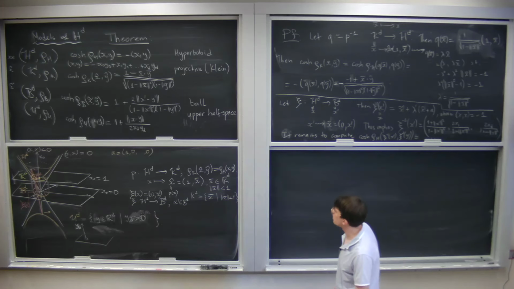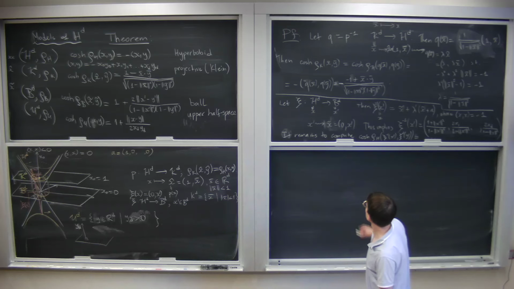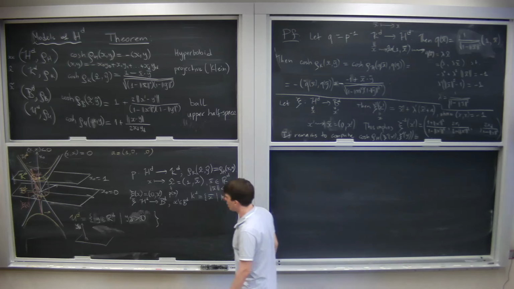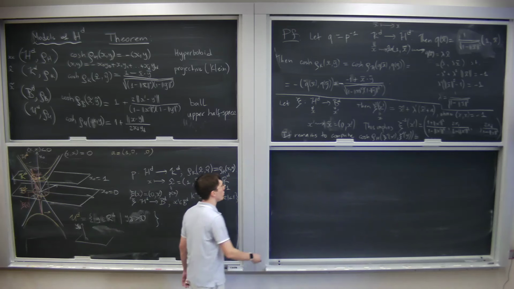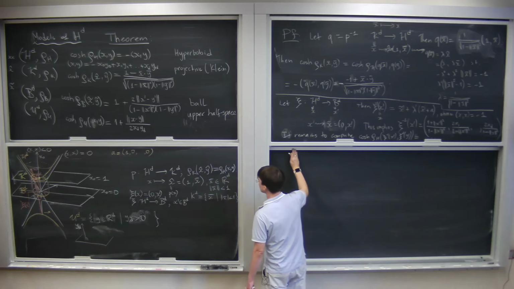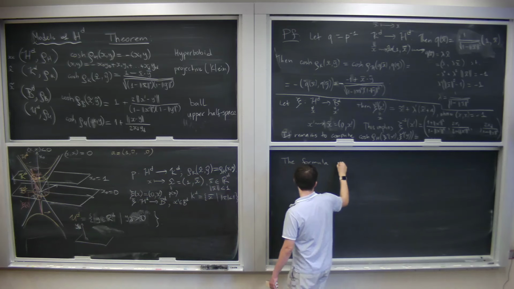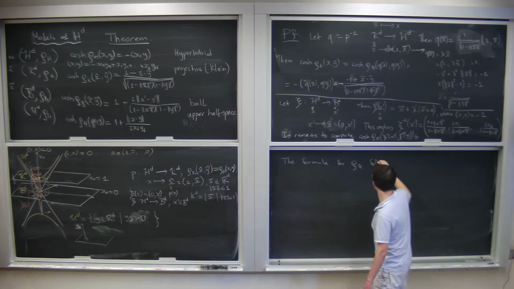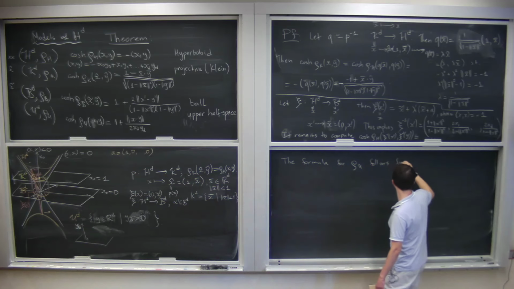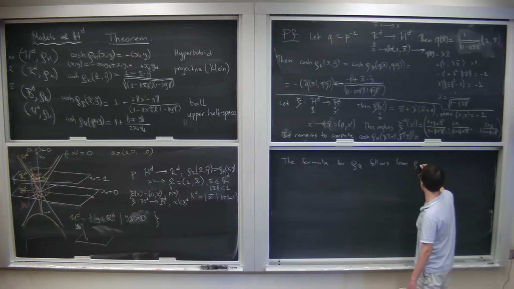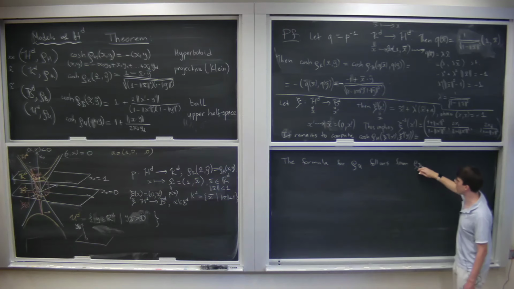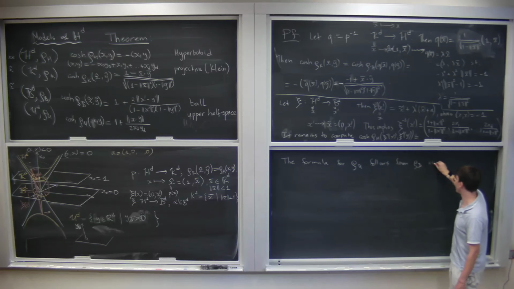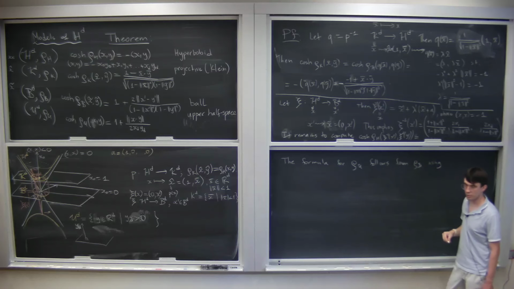Okay, so this was the formula for the ball model. And again, the formula for rho U follows from rho B, right, from the formula for the metric in the ball model, using inversions with respect to the sphere.